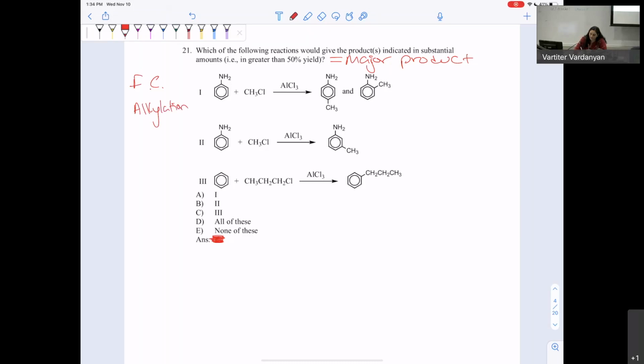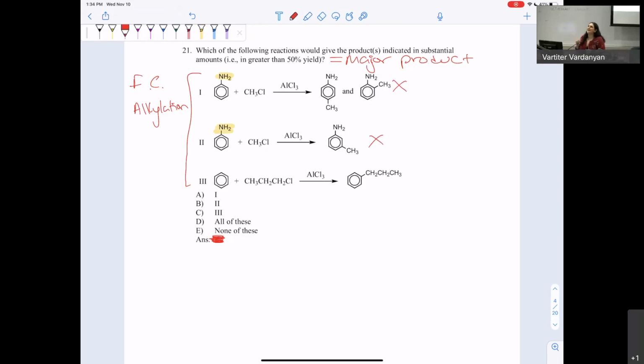So for the first 2, what's wrong with them? They have NH2. So automatically we know that 1 and 2 cannot happen because they have NH2. So bam, bam. Those would be no reaction.